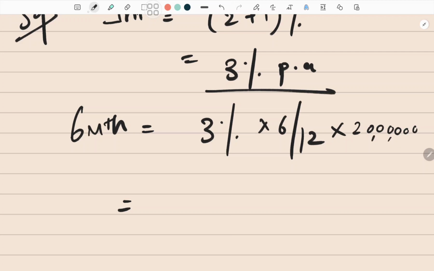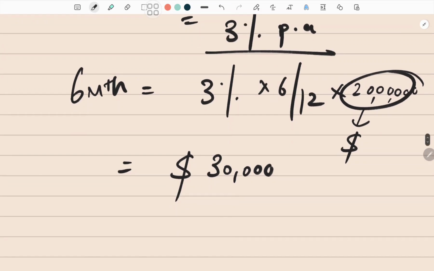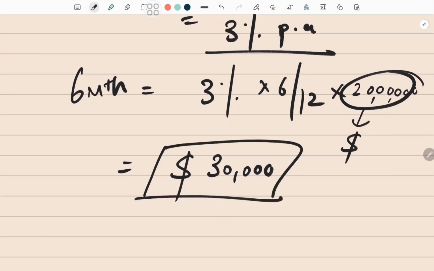Into 3% divided by 2 is 30,000. 30,000 what? Rupee or dollar? Dollar, because this 2 million is dollar, okay? So this is basically the 6-month interest on the loan, correct?